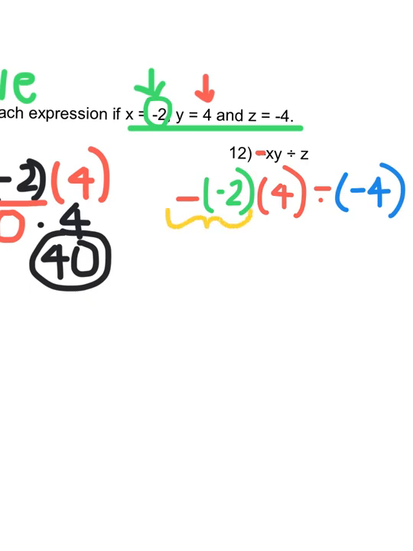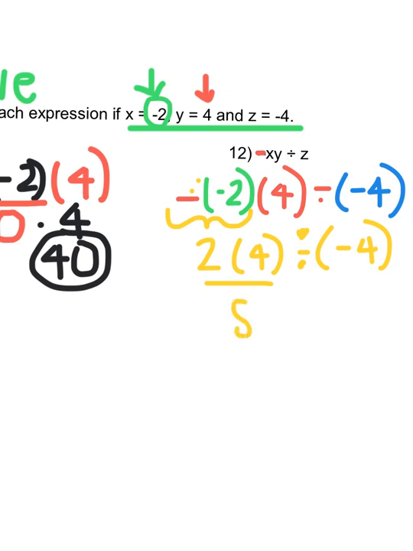A negative, and there's an understood 1 here. -1 times -2 is 2. And since the signs are the same, it will be positive. Then I'll continue with this problem. I want to write it down for you so that you can see it clearly. Again, we're going from left to right with multiplication and division.